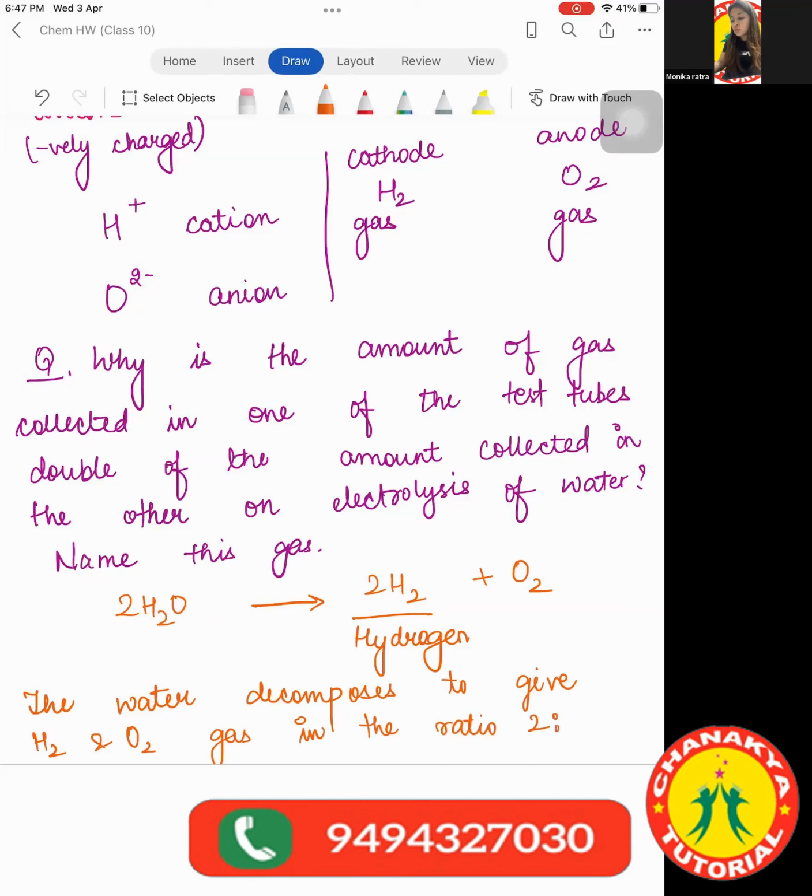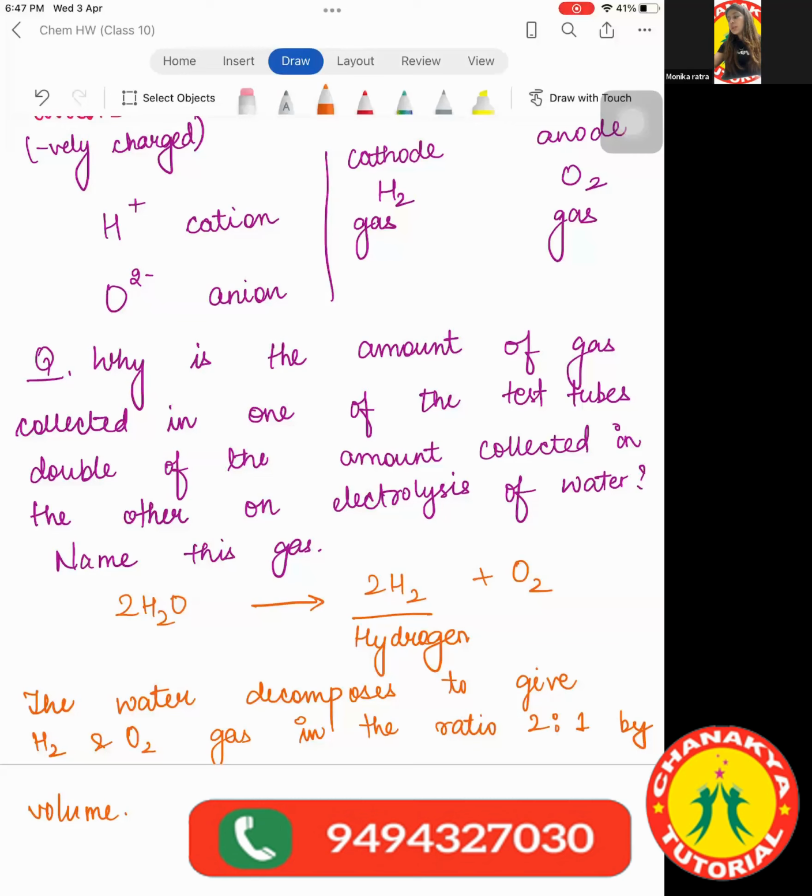Because the ratio of hydrogen and oxygen is 2:1, that is why the amount of gas collected in one of the test tubes is double the gas collected in the other test tube. Clear, children?